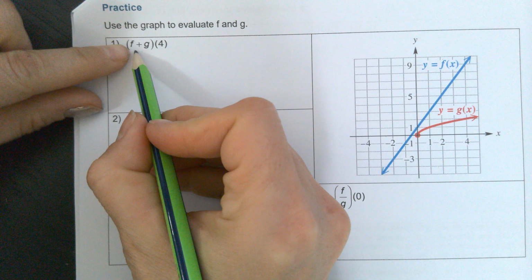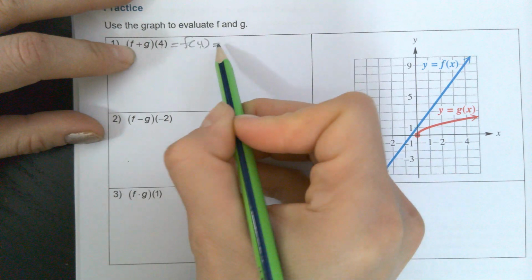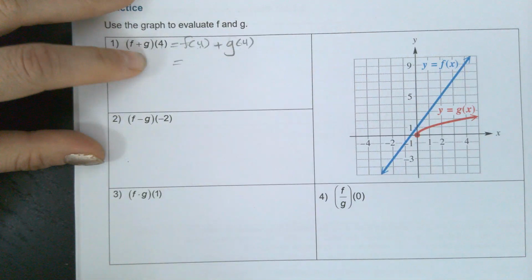Add the two functions together after I check each function at 4. So that's really saying f of 4, substitute 4, and add to it g of 4. So we're putting 4 into each function.